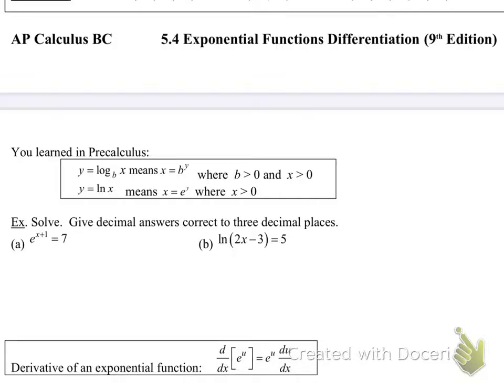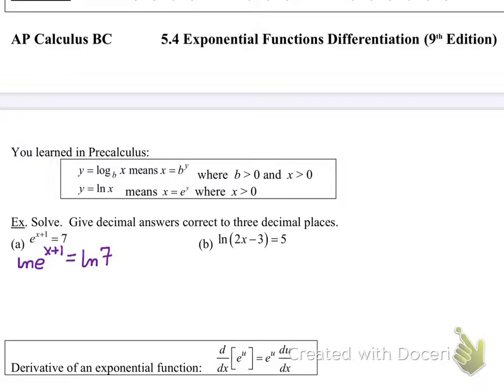But in any case, I'm going to go through some processes here that involve not log rolling. For some people, like me, log rolling is mystifying. So instead of log rolling, I'm going to go through the actual process to show you how to get rid of either the e or the logarithm.